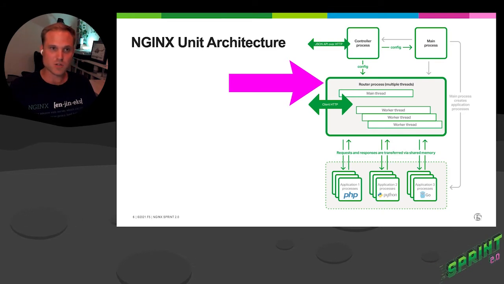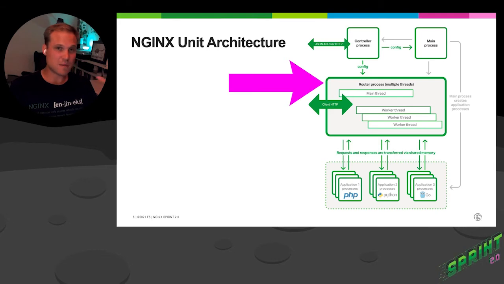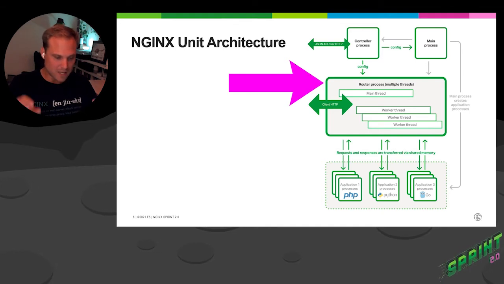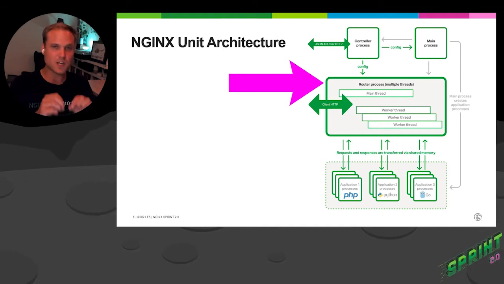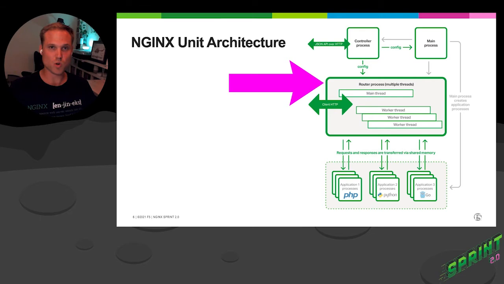Or we have in Nginx Unit something that's called routes, where you can do very complex traffic management based on things like the HTTP host, URI segments, methods like POST, PUT, GET. And this is all independent from your application processes. So this gives you a lot of flexibility when it comes to handling your application workloads on Nginx Unit.